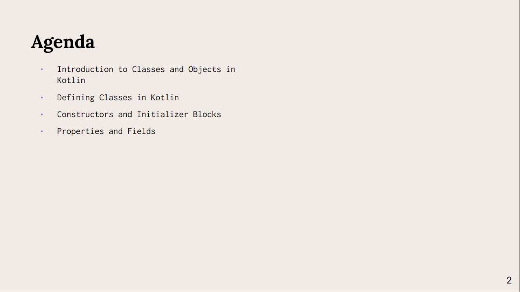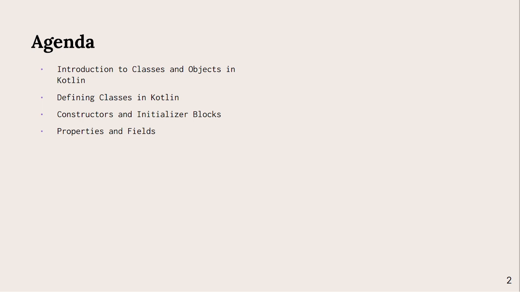Whenever we talk about the definition of a class, constructors and initialization of the class should be learned, right? Because this is an important part in OOP. So in Kotlin, we have the constructors and initializer blocks.